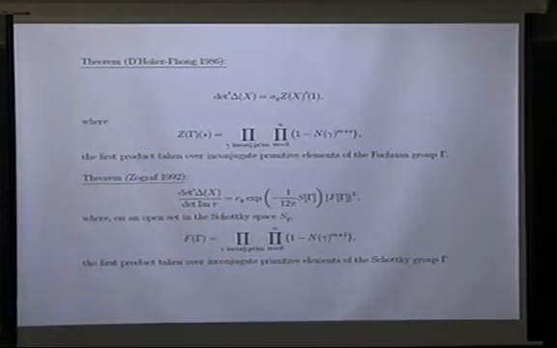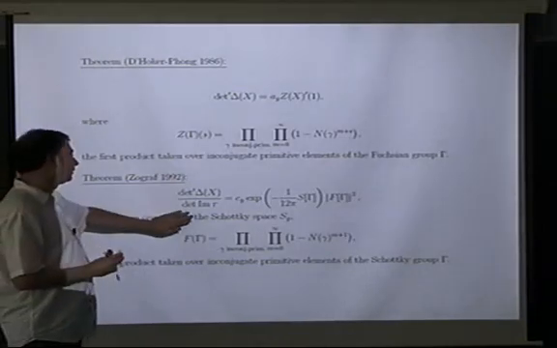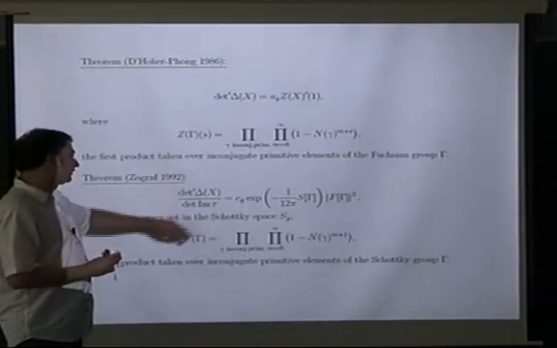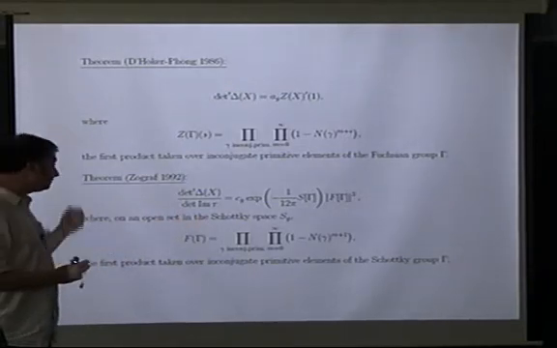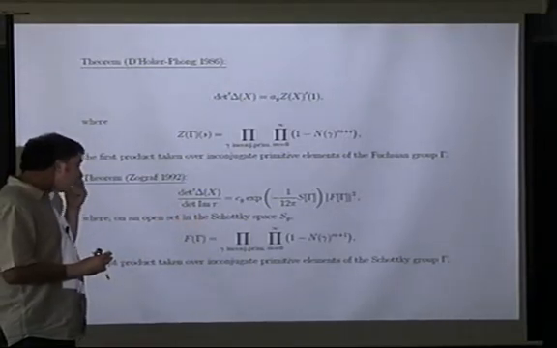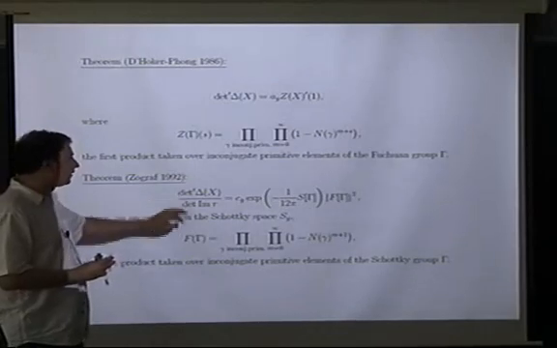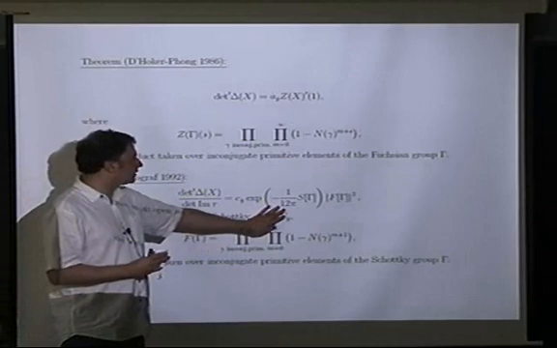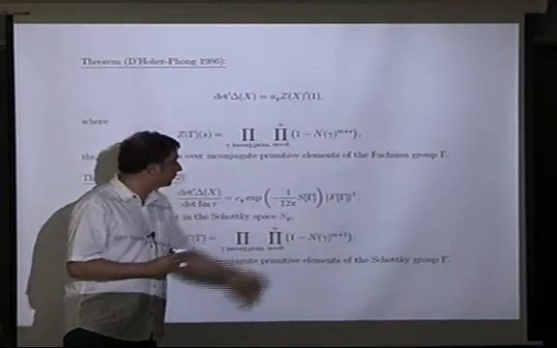But what's a little, I think, more faithful to the genus 1 result is this result of Zograf, that in fact the determinant is the holomorphic anomaly times modulus squared of a holomorphic function.